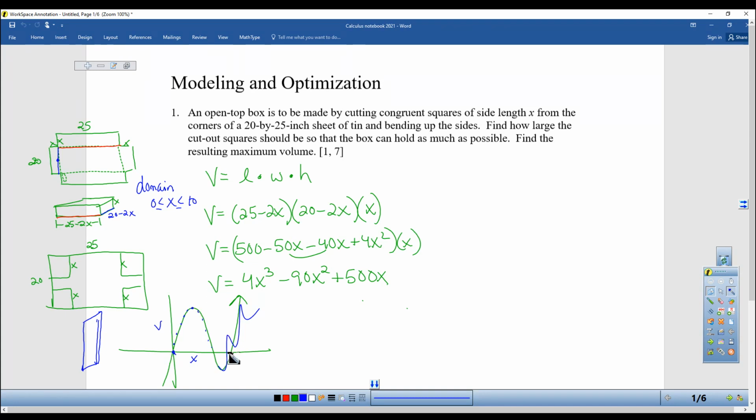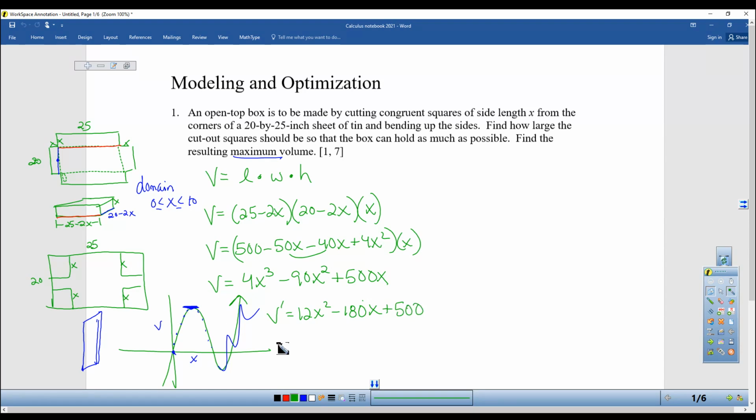But what part of the graph does matter to us? We want to maximize the volume. We want this point right there. And now that we're in calculus, what's special about that point? We can find it using the derivative. It's where the derivative is equal to 0. So I'm going to take the derivative, which is 12x squared minus 180x plus 500.